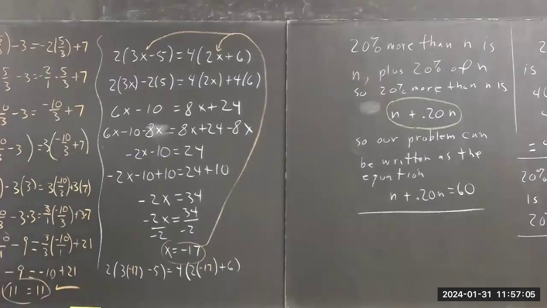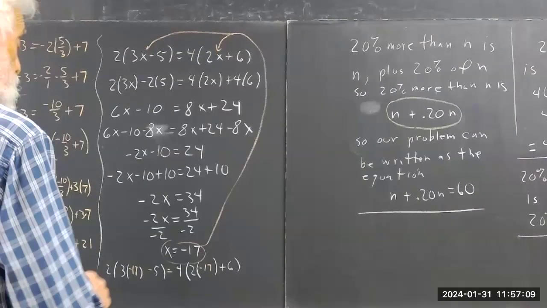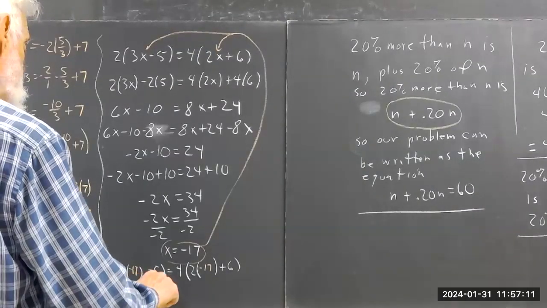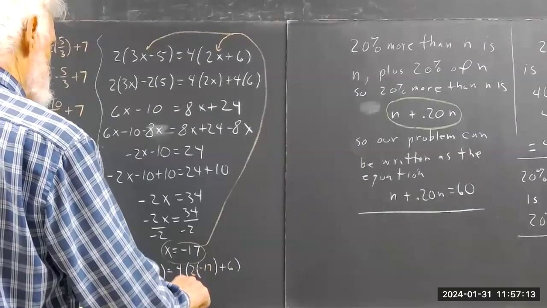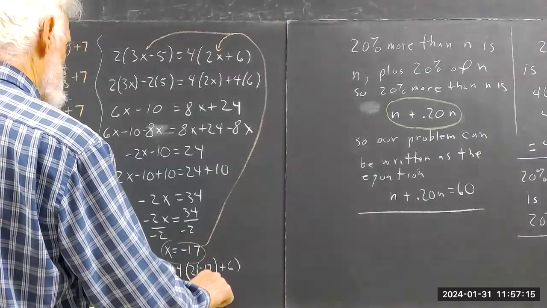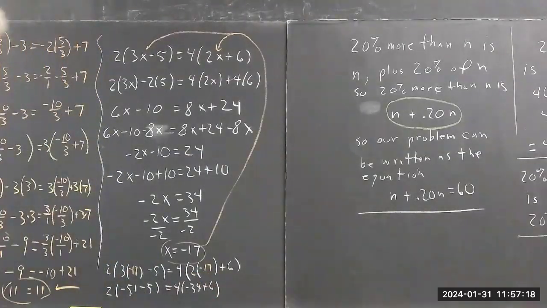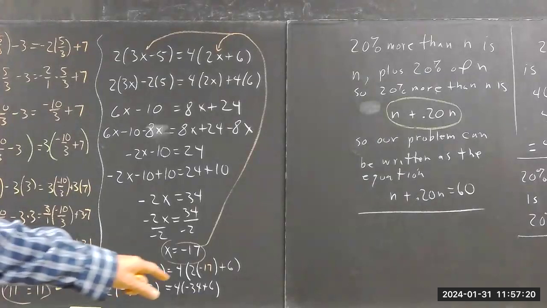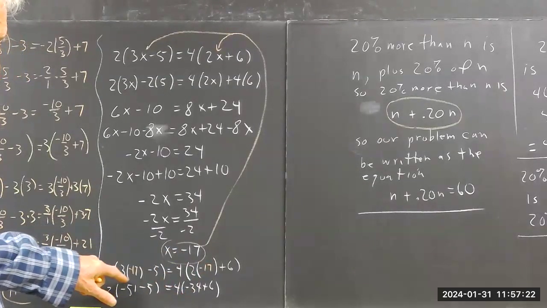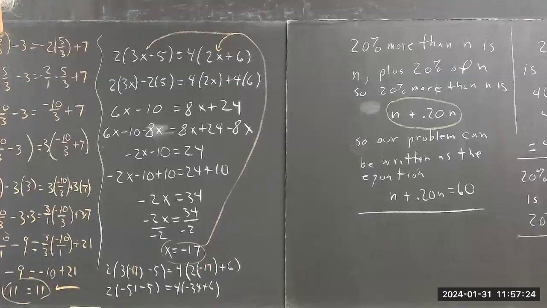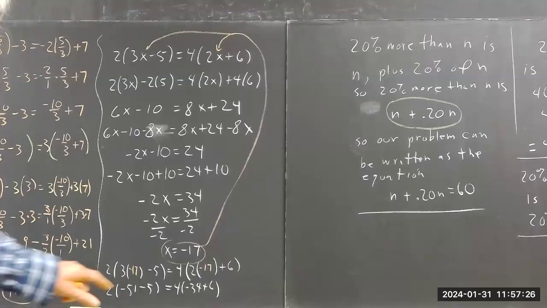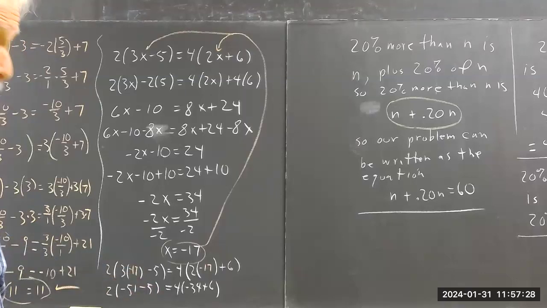Well, by the order of operations, I've got to multiply the 3 by the negative 17 first. So 2 times negative 17 is negative 34, 3 times negative 17 is negative 51. Then I do what's in parentheses.